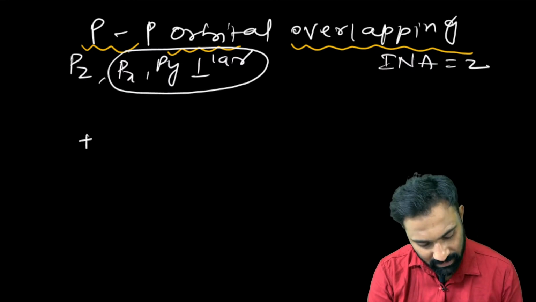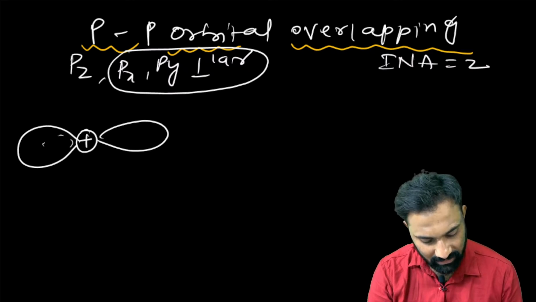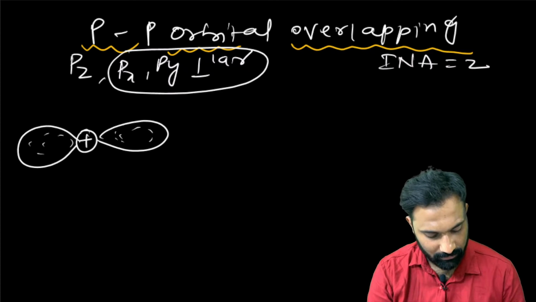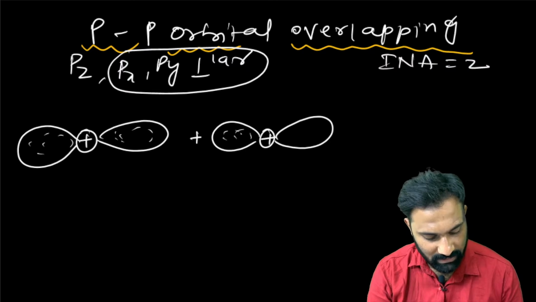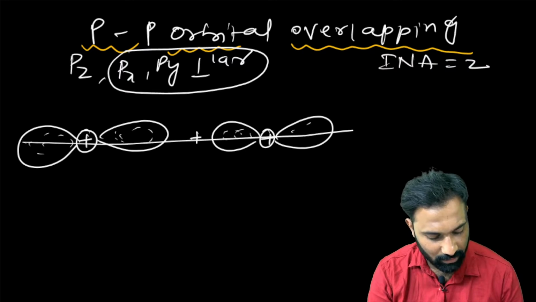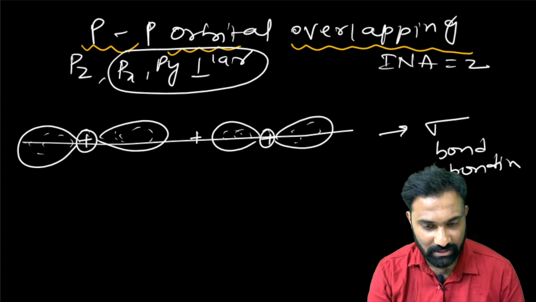Now I was taking one pz orbital along the internuclear axis. A pz orbital along the internuclear axis leads to a sigma bond. Overlap along the internuclear axis always gives a sigma bond.